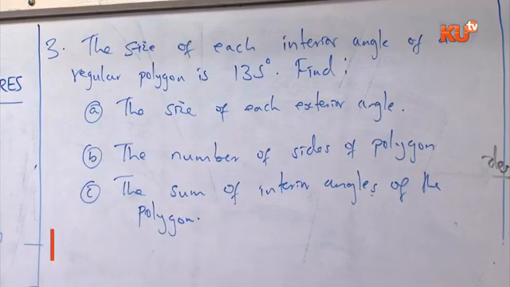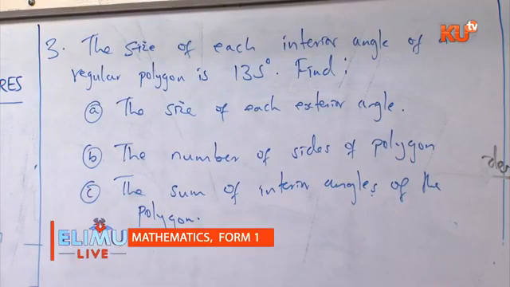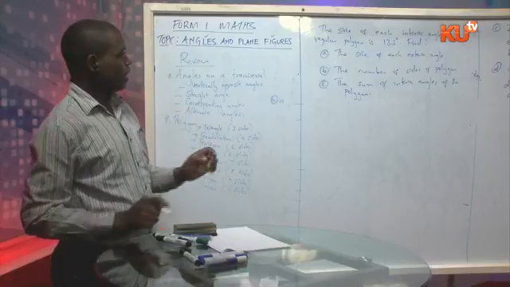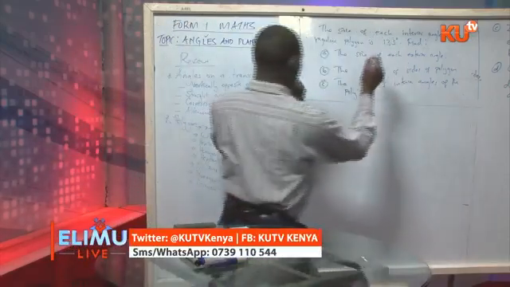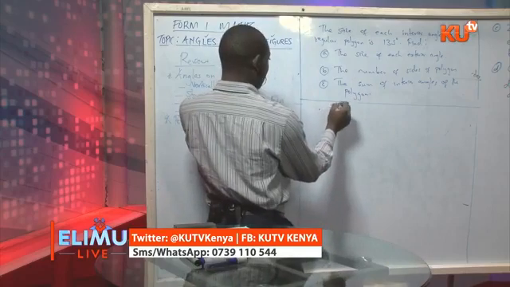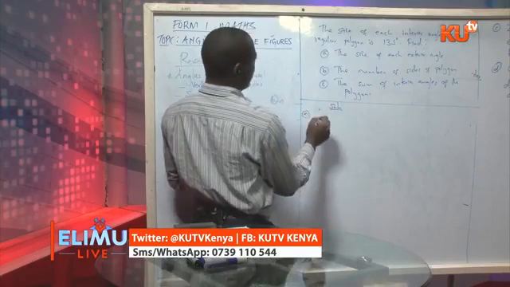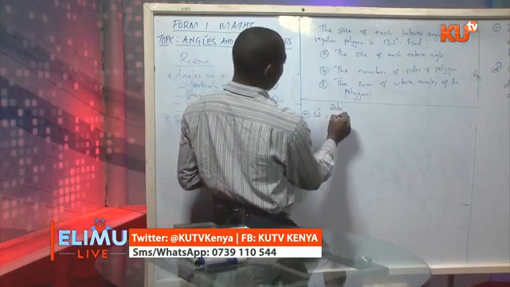Let's use this as our last example. The size of each interior angle of a regular polygon is 135 degrees. We find the size of each exterior angle, the number of sides of the polygon, and the sum of interior angles. So let's start with the first one. Our interior angle is 135.